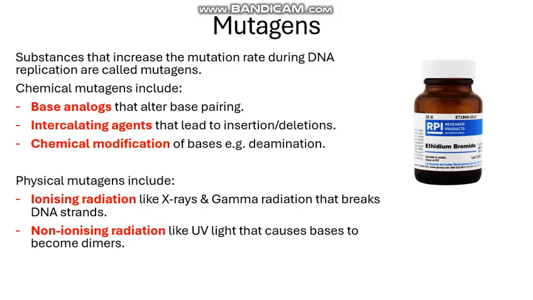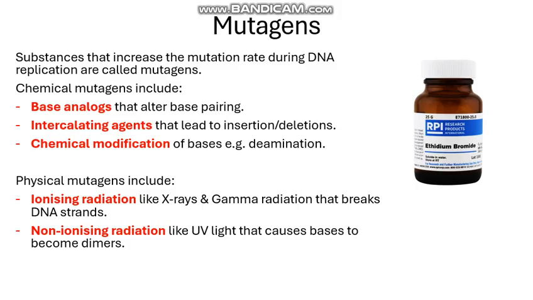You also have physical mutagens, like ionizing radiation, such as X-rays and gamma radiation, that break DNA strands. And you also have non-ionizing radiation, like UV light, that causes bases to form dimers.